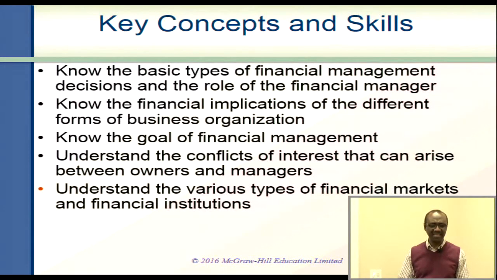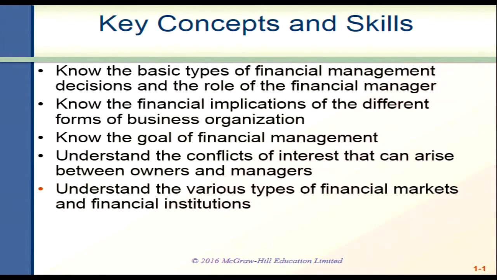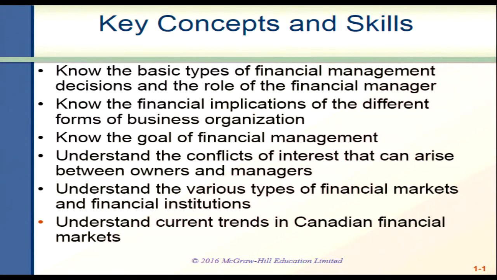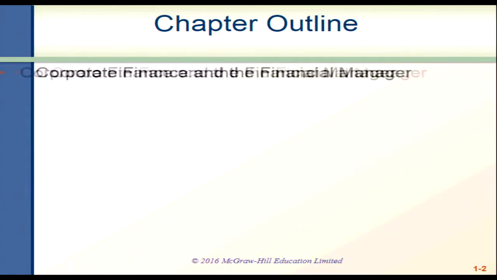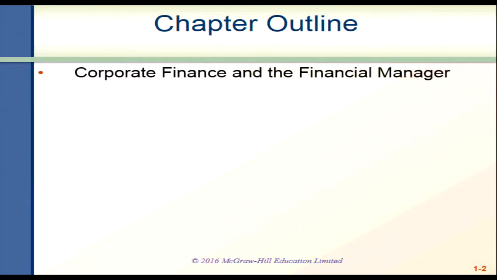We also look at the types of financial markets and the financial institutions that are out there. And finally, we'll look at the trends in the financial market. So in a nutshell, the chapter outline will look at corporate finance and the financial manager.